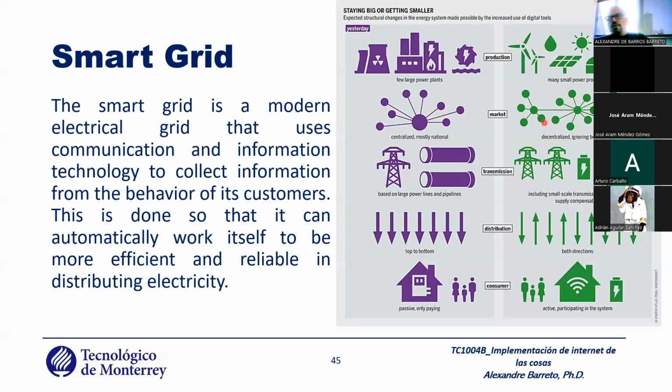If I use it 10 minutes or 1 hour later, I pay less. And you can adapt your consumption to the best tariff that you want. Did you understand what a smart grid is, what I told you here? Yes, teacher.